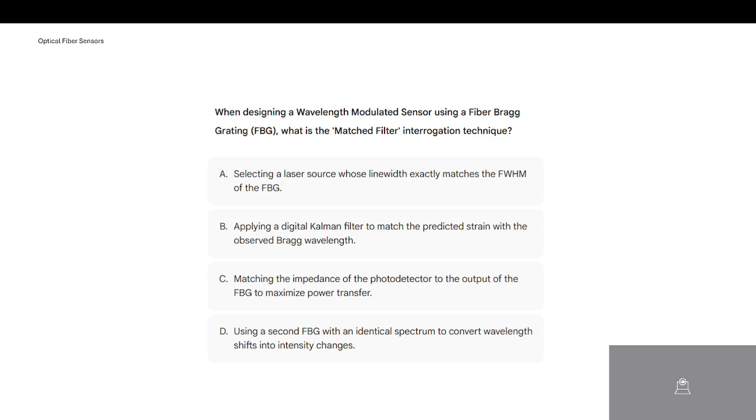Option B, applying a digital Kalman filter to match the predicted strain with the observed Bragg wavelength. Option C, matching the impedance of the photodetector to the output of the FBG to maximize power transfer. And the last option is using a second FBG with an identical spectrum to convert wavelength shift into intensity change.